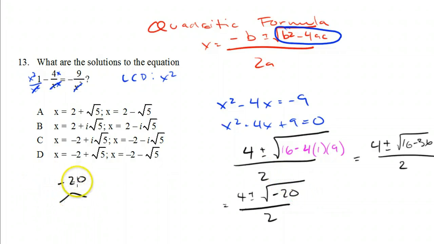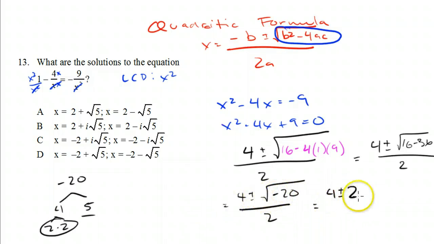So first it's negative, so automatically I know I have an i. Then the 20 is 4 and 5, which is 2 and 2. So a double 2 means a 2 on the outside and a 5 left over on the inside. So what happens here is 4 plus or minus the 2 that got pulled out. The negative made the i come out, and inside we have a 5. And the bottom is still a 2.